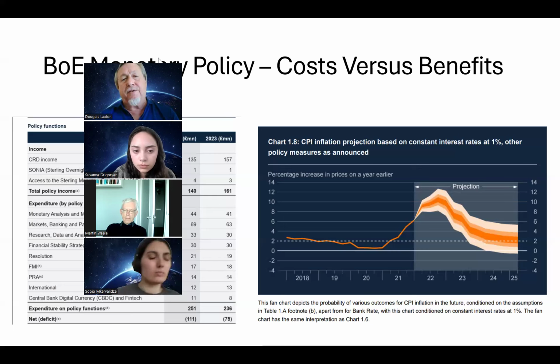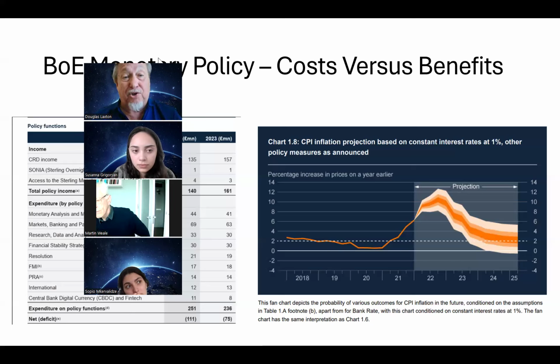Okay, so this is a problem because it demonstrates a lack of understanding of modeling, or it might have something to do with how the models are actually used inside of the Bank of England. Now, my understanding, when I look at the COMPASS model, is that it should have the restrictions that you can't do this.